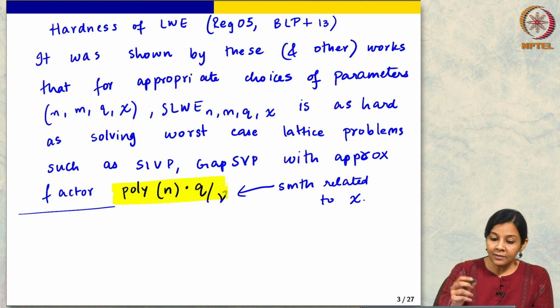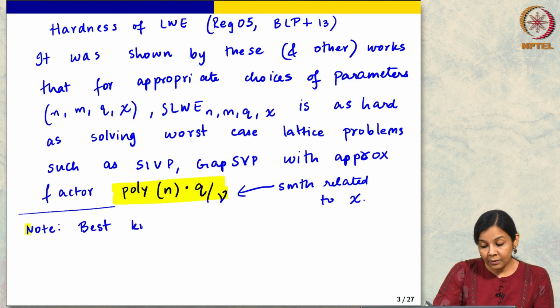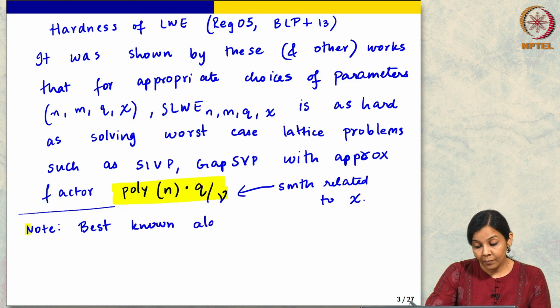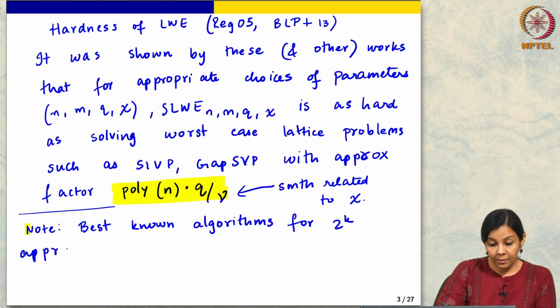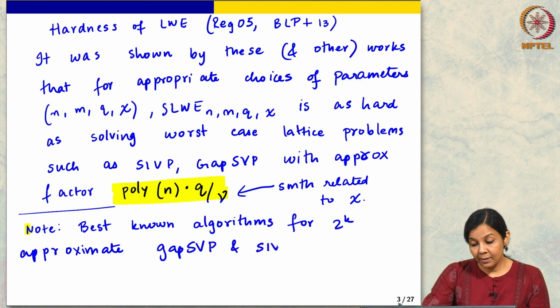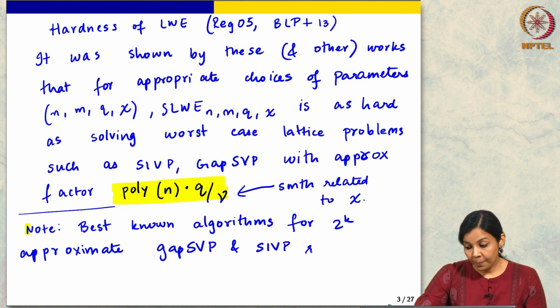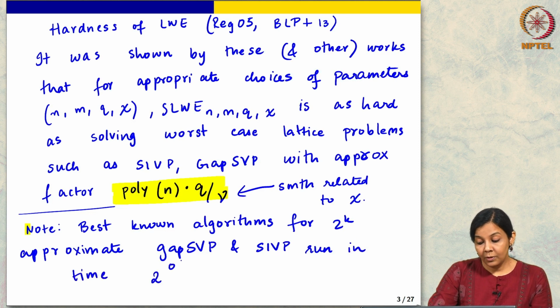Okay. So, I will just make a note here that the best known algorithms for 2 to the k approximation of this Gap-SVP and SIVP run in time 2 to the order n over k.